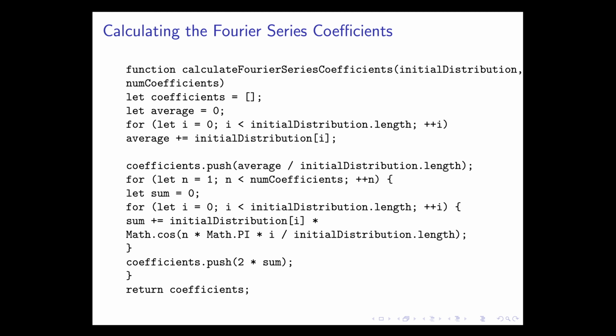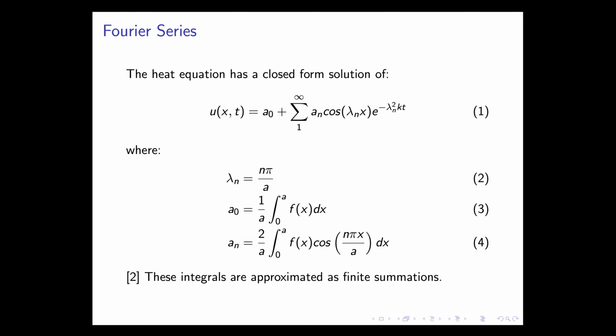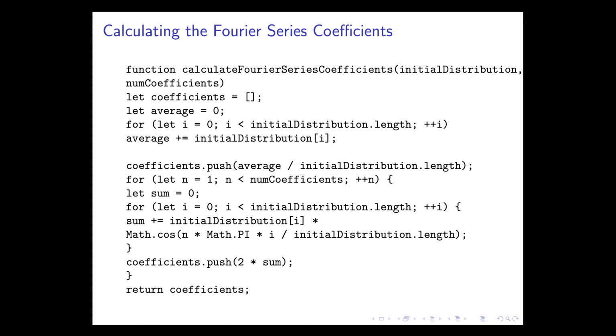Then the next components are your normal Fourier series stuff. So we add up the cosine n pi x over a times the function. So that's where we do that. We do for n equals 1, n is less than the number of coefficients, and then we have a for loop for every point along the distribution.